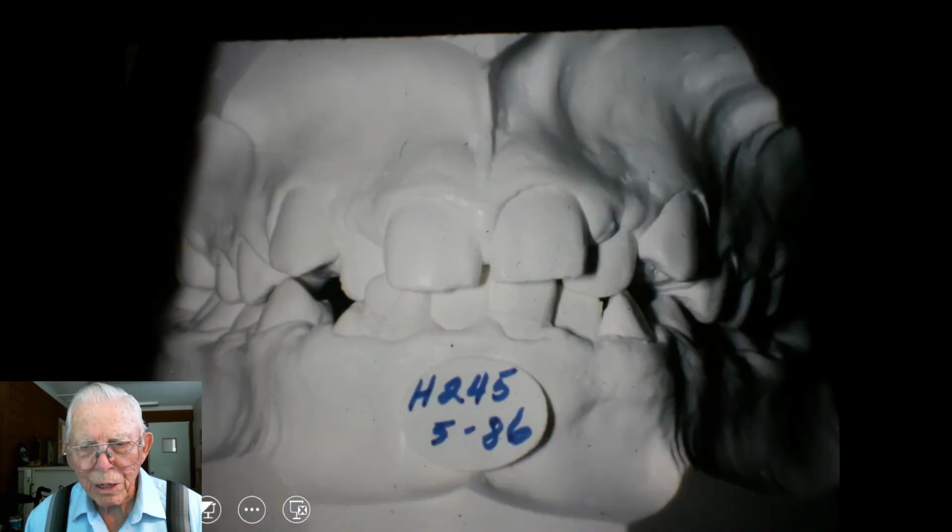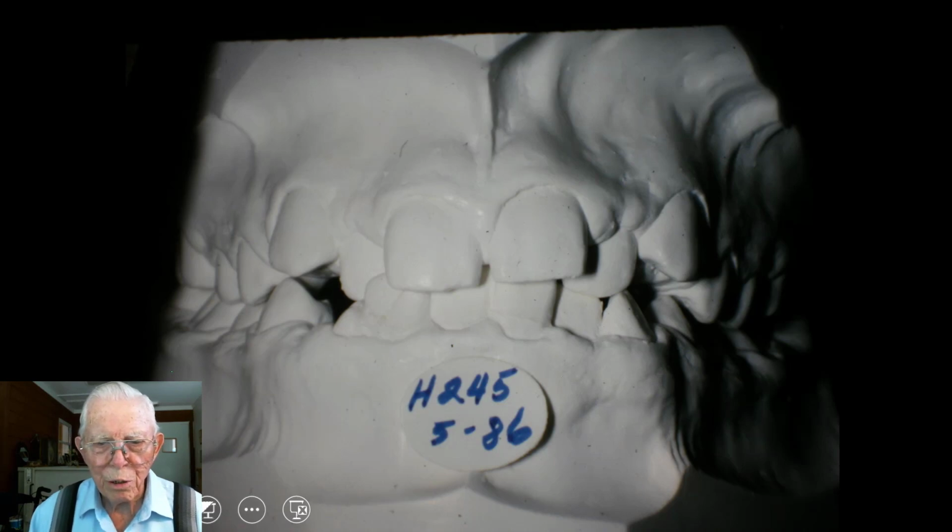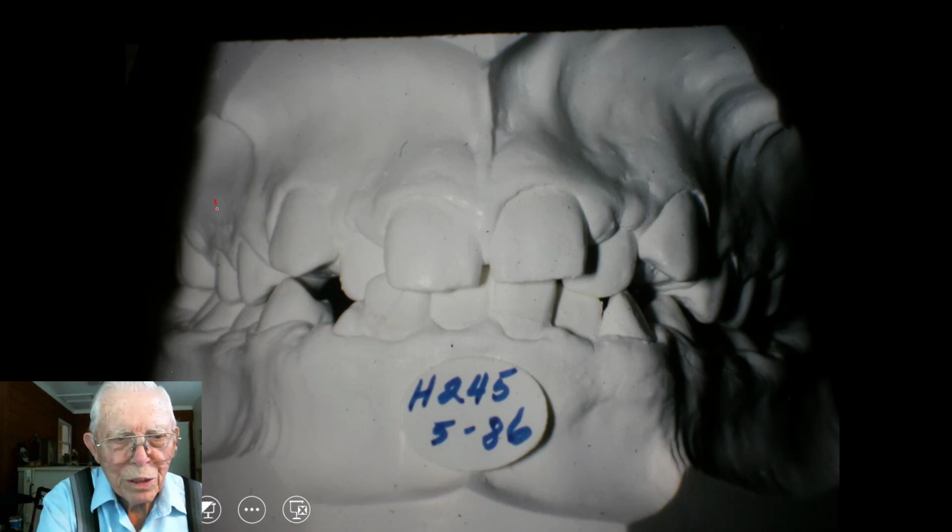Now here's another picture, just the same thing. Now this is the young man's models. I don't have all the slides on this young guy, but you can see he's got a terrific crowded problem. He also has a little vacuum problem that these teeth are kind of sucked in over here.